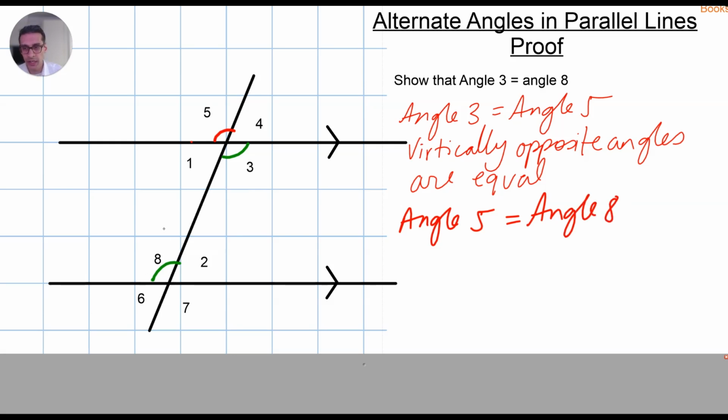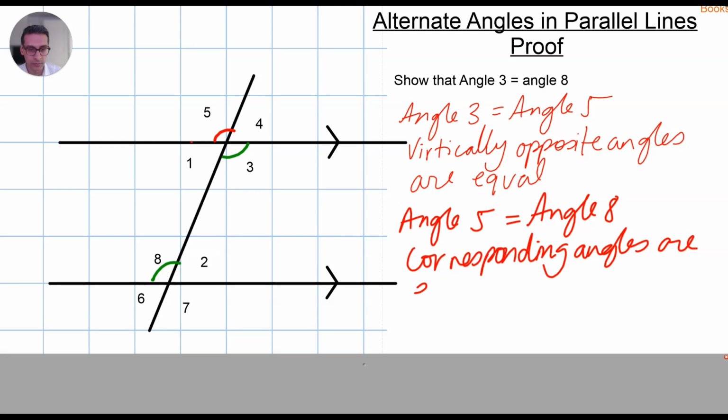And the reason for that, you may have spotted, is because they are corresponding angles. So corresponding angles are equal. So therefore, we can say if angle 3 is equal to angle 5 and 5 is equal to 8, well then angle 3 must equal angle 8.